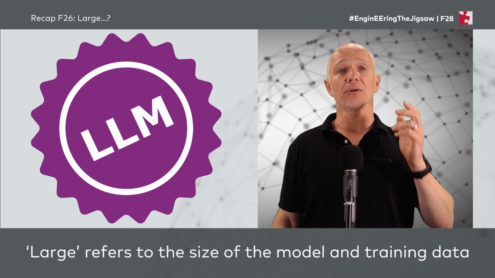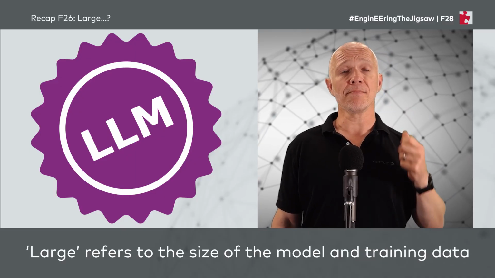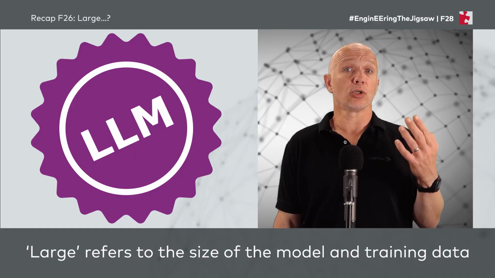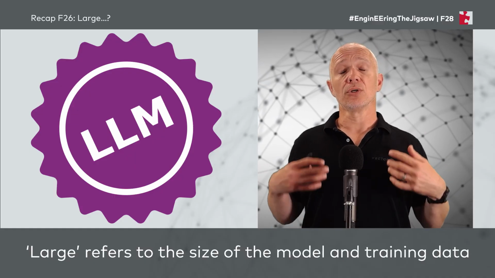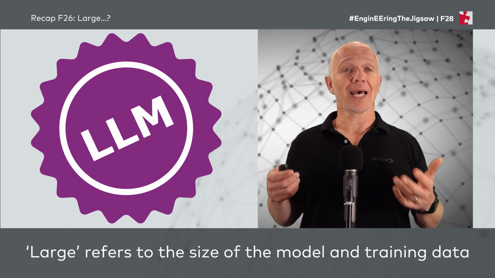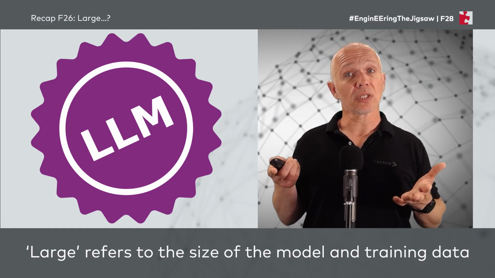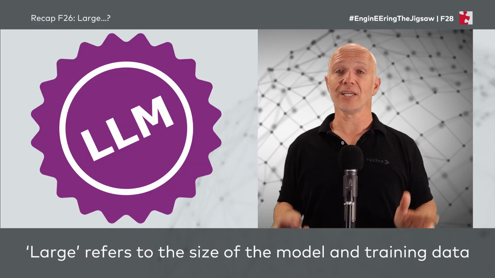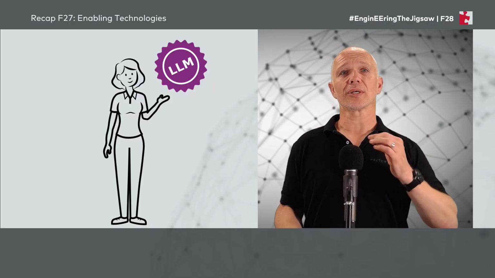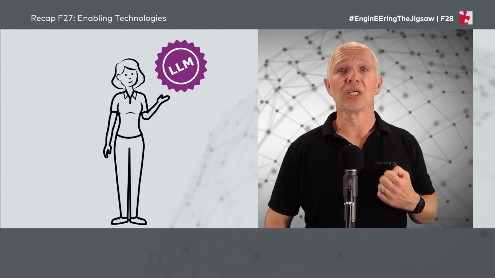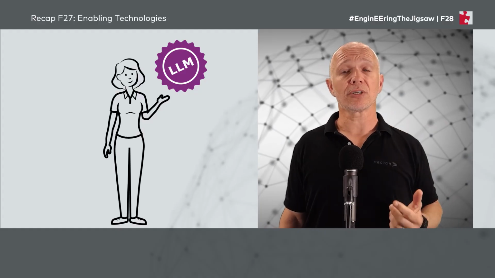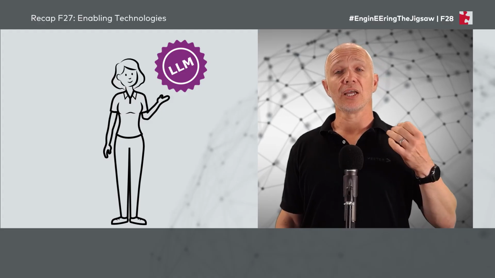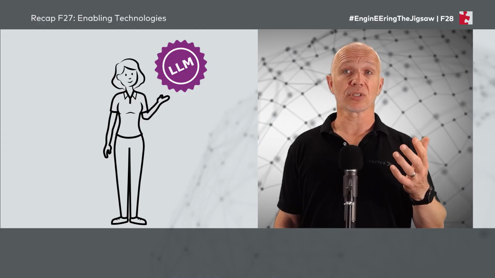Important to remember. Now, large in an LLM refers to the size of the model and its training data, that is, the internal model parameters. So to repeat, the large in LLM refers purely to scale. It doesn't mean clever, it doesn't mean correct, and it does not mean reliable. We are talking about statistical engines. And in F27, we covered a lot of terms that you might hear in an engineering context in relation to LLMs.